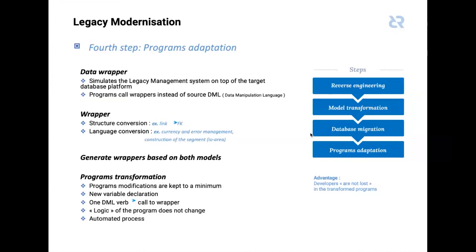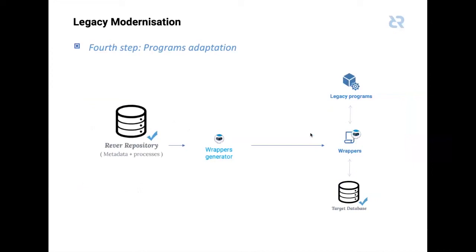This means that the developers and the persons that understand the application will not get lost in the new environment. So you can keep the lights on while you are rewriting the programs after that and developing those new digital services.